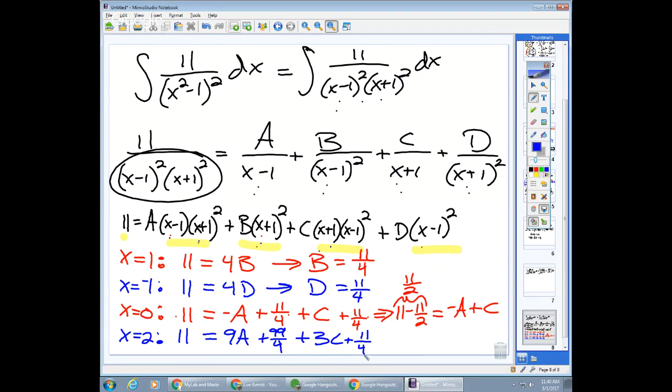All right, so careful arithmetic. Cleaning this up, 99/4 and 11/4 is what, 110/4 or 55/2? So we're going to have 11 minus 55/2 equals 9A plus 3C.